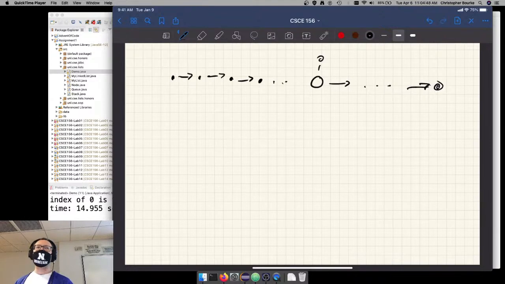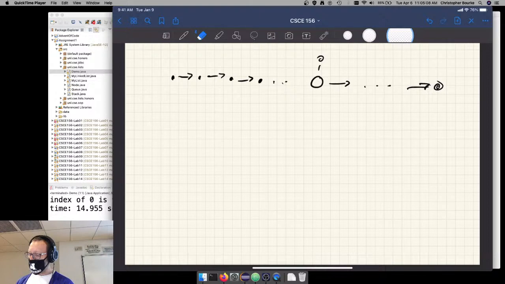How many operations does it take to get this ith node right here? We have to first start at the first one, traverse once, twice, thrice, and so on. How many times do I have to traverse a node just to simply get to the ith node? i times, right?